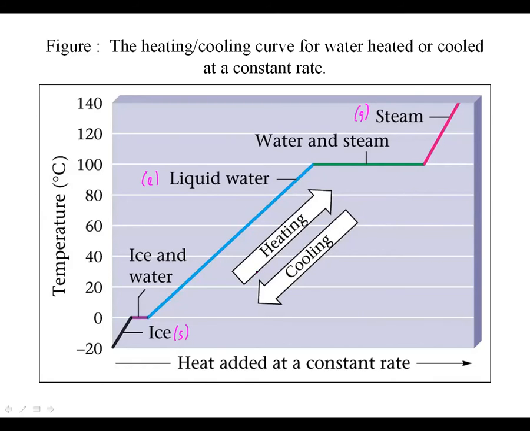So as we go from solid to liquid to gas, that is heating. That is all endothermic processes, which means in order to do that, you need to put heat and energy in. And again, if we take an ice cube, it needs to absorb heat and energy. When it does, it will melt to liquid water.